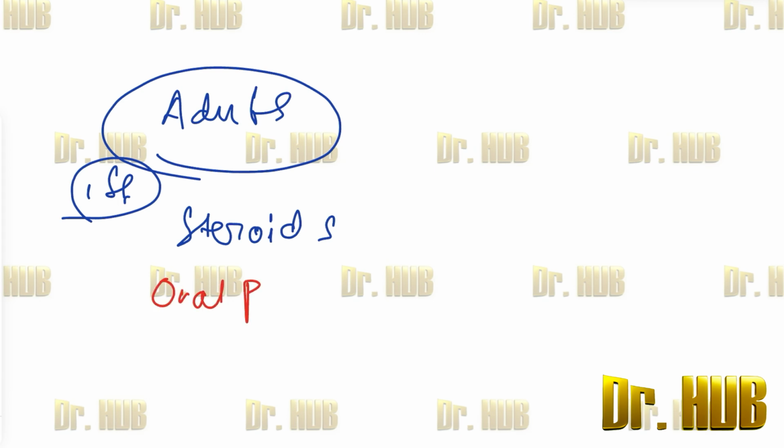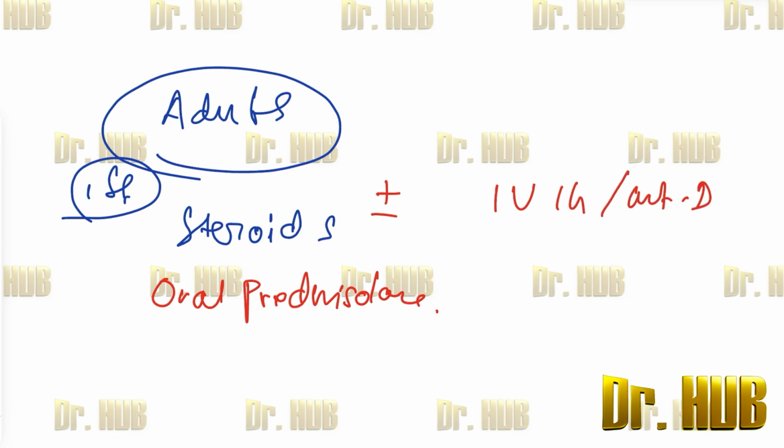Plus or minus, we can also administer IVIG or anti-D. Where are these indicated? The indications are surgery, life-threatening bleeding, platelets less than 10,000, and relapse.